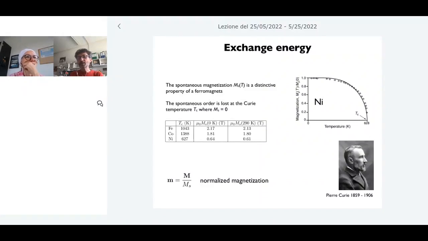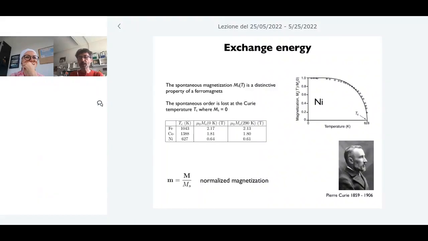So let's stick to temperatures well below the Curie point. Then we can simply make the hypothesis that the amplitude of the magnetization vector is a constant. This is absolutely true when the temperature is equal to absolute zero.